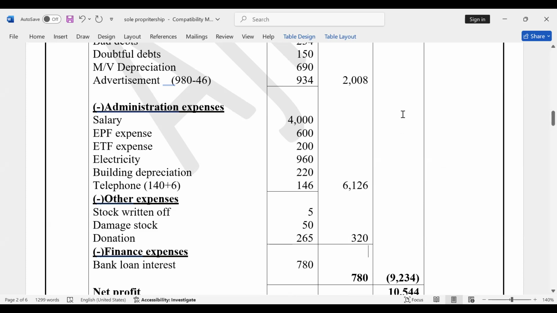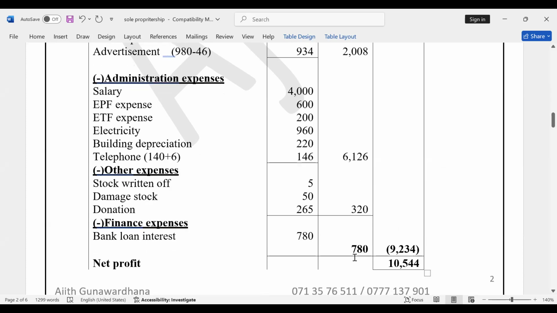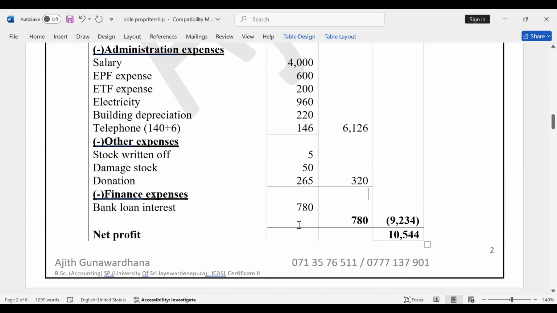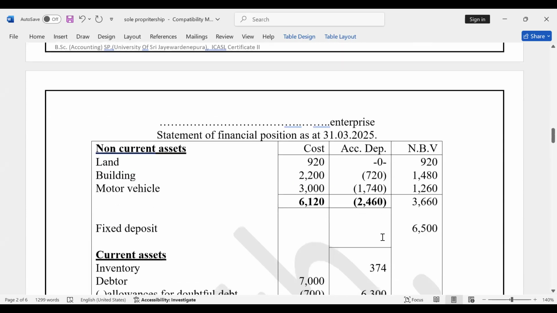Doubtful debts, under provision, over provision should be recorded. And think loan, bank loan available in trial balance, as well as fixed deposit also given in trial balance. Net profit should be recorded on equity, net profit.